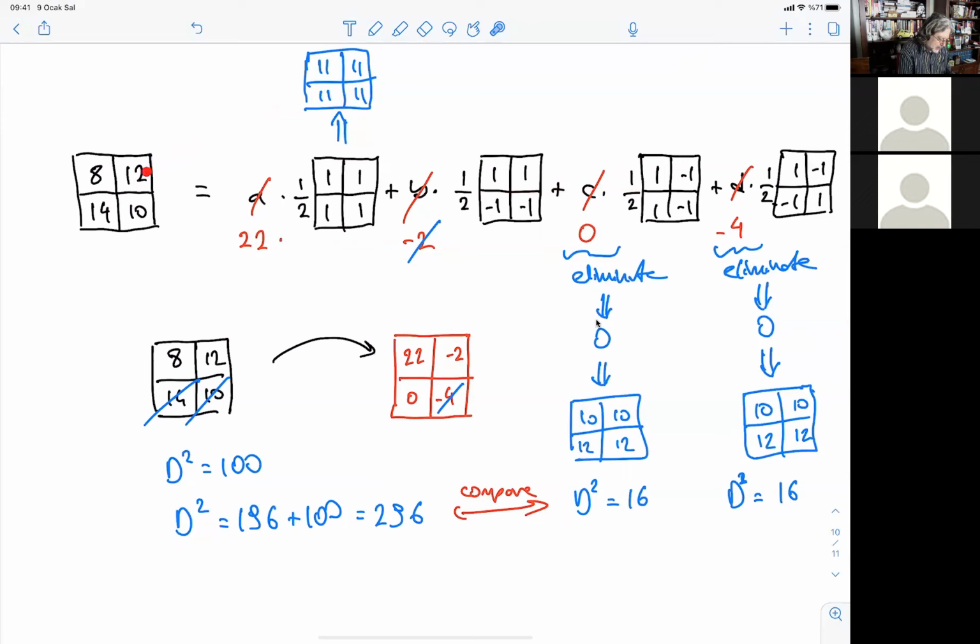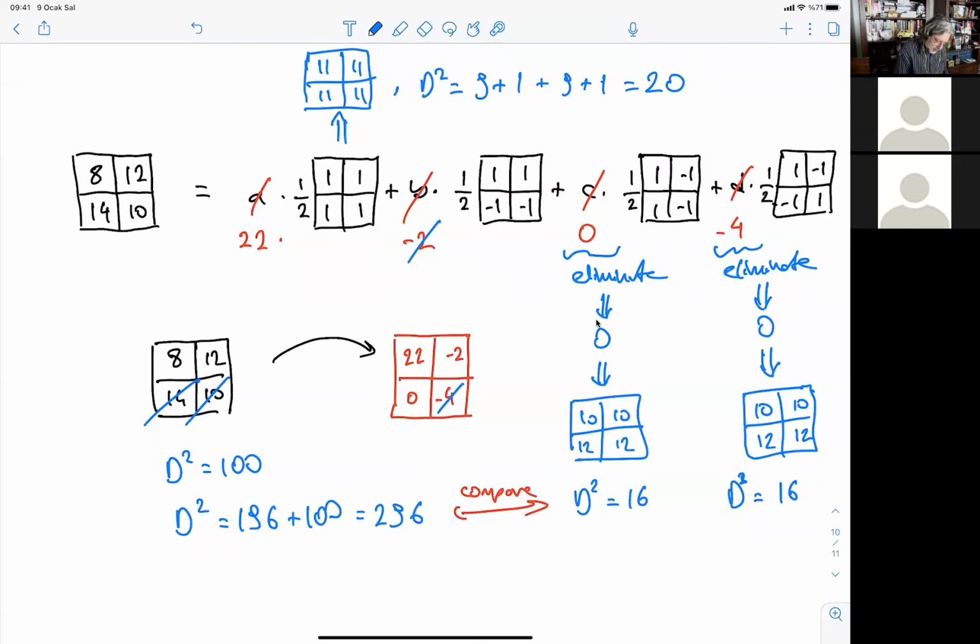When I compare these two, the square distortion will be, with 8, the difference is 3, so it will be 9 plus. From 12 to 11, it will be 1 plus. From 14 to 11, it will be 3 squared, 9 plus. From 10 to 11, it's 1 again. So it is 20.